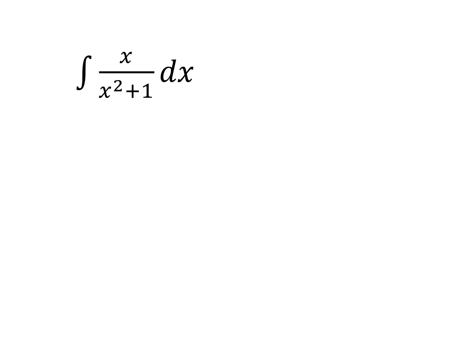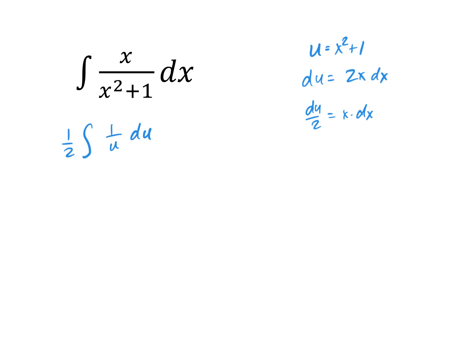Okay. U is x squared plus 1. Du is 2x dx. Du over 2 equals x dx.